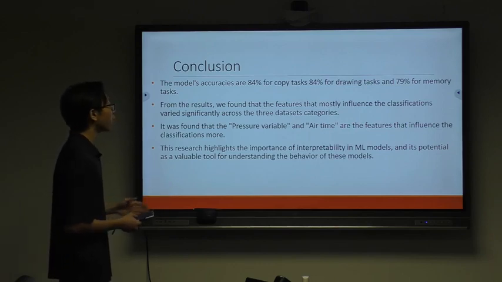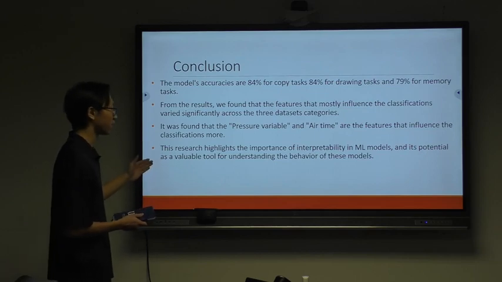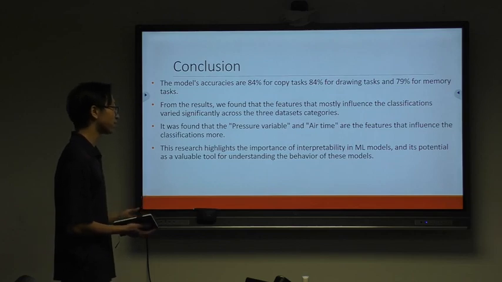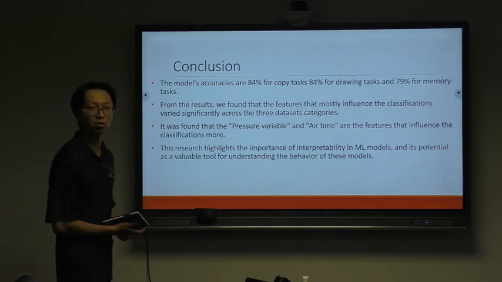We found which variables, which features, are the most influential for classifying better with the model. This research highlights the importance of interpretability for machine learning models and its potential as a valuable tool to understand the behavior of the model.